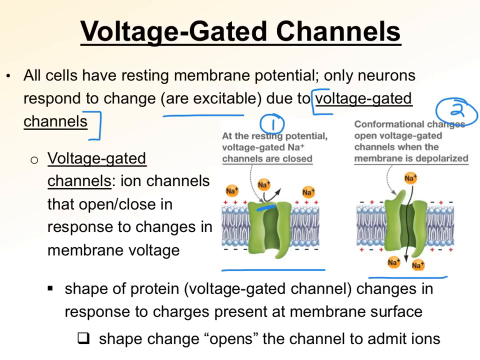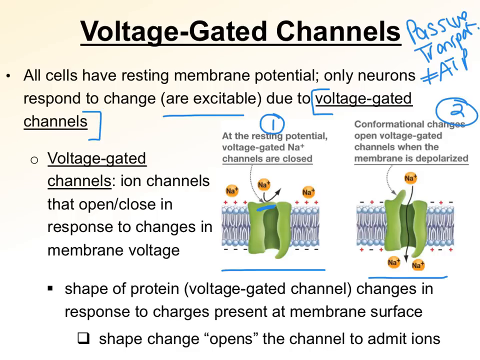There's a specific voltage at which this protein changes shape, and when it does that, it opens up. We would call this passive transport. There's no energy required here, just a change in voltage, so no ATP. And we would call this facilitated diffusion because there's a membrane protein involved.